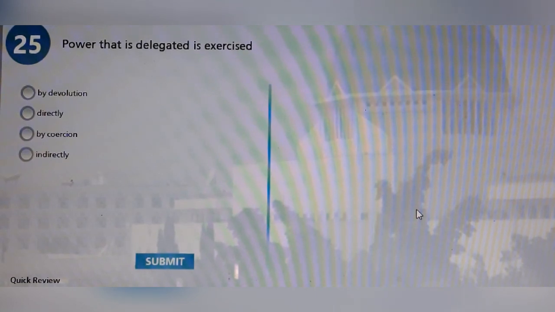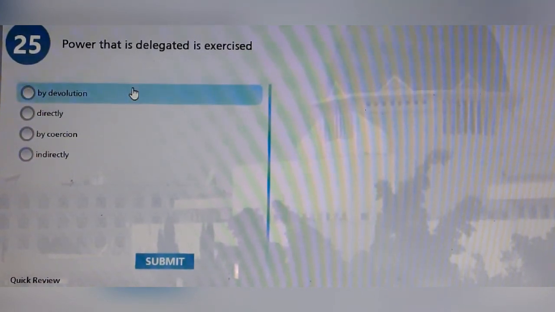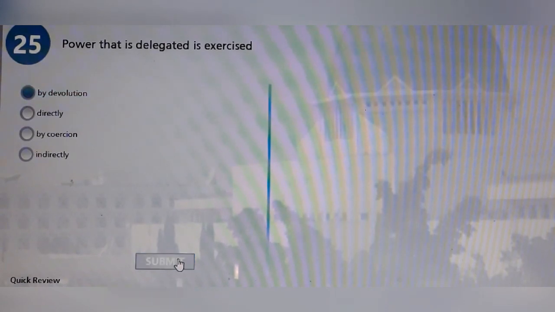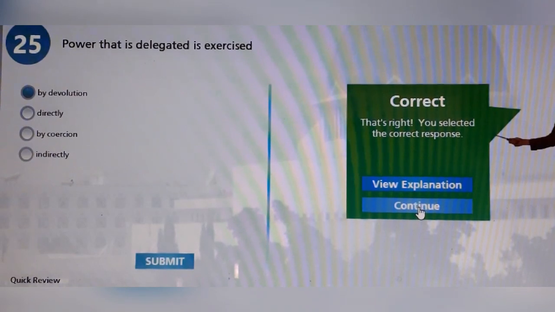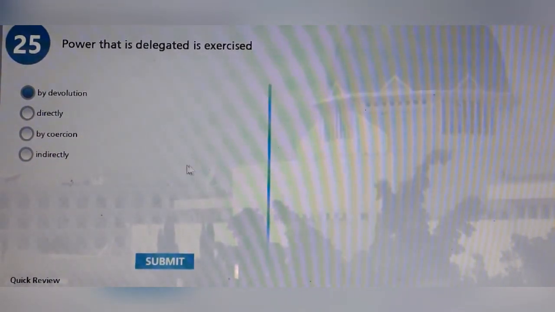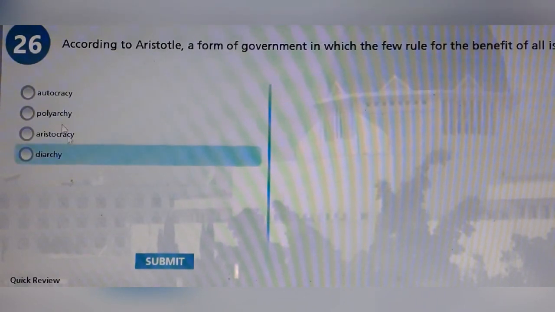But when power is delegated, it is exercised through the instrument of devolution. So whenever you see power that is delegated is exercised, know that we are talking about devolution.